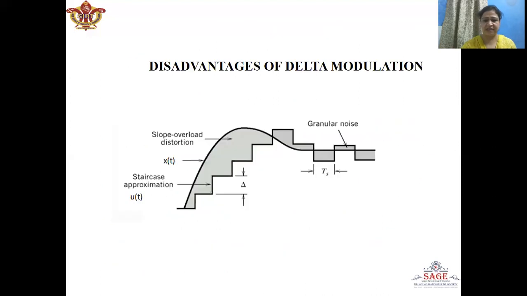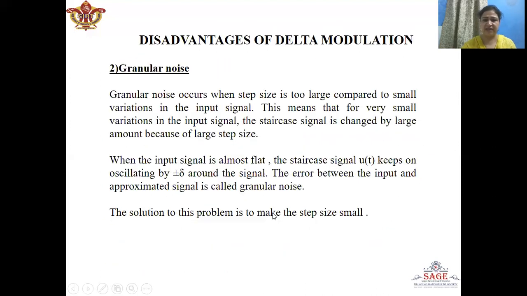Now, coming to the second limitation, which is granular noise. Granular noise occurs when the step size is too large compared to small variations in the input signal. This means that for very small variations in the input signal, the staircase signal is changed by a large amount because of the larger step size.